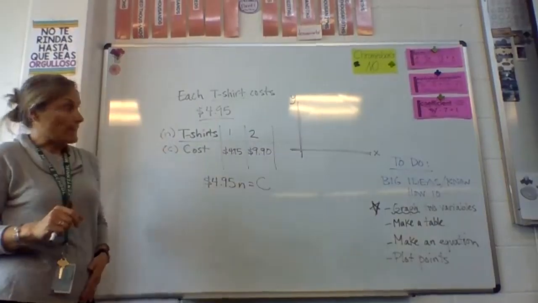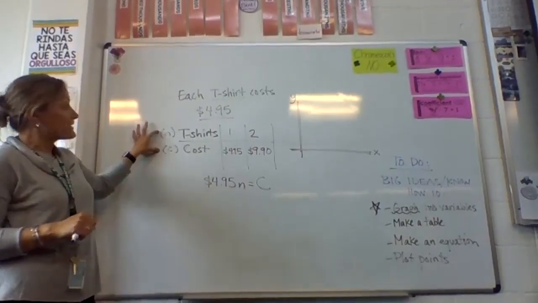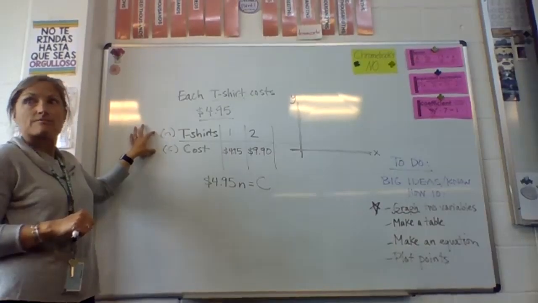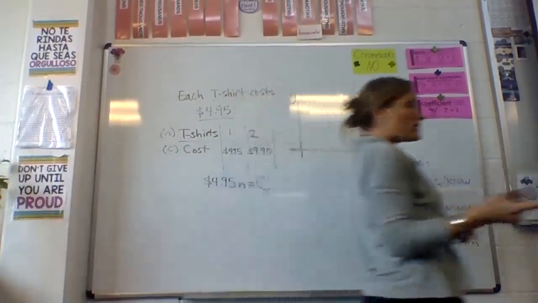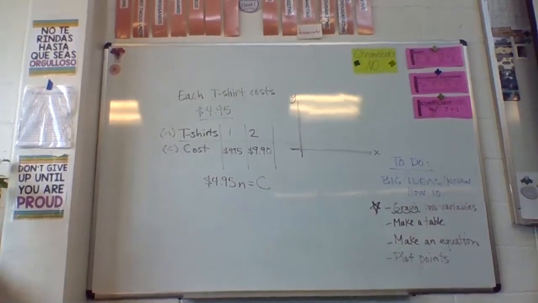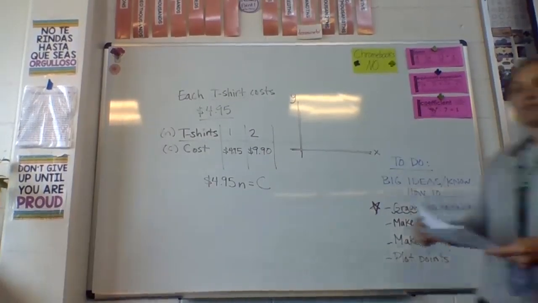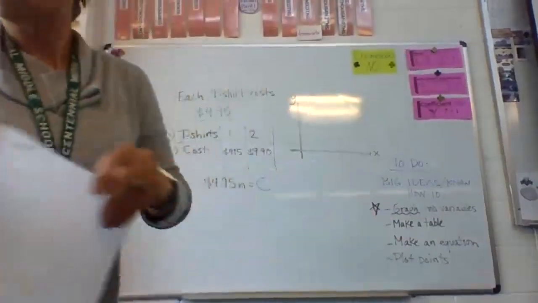Should we draw the graph? Yep. Do you have a piece of paper? So when we have these two variables, how do we know what's the x-axis and what is the y-axis?